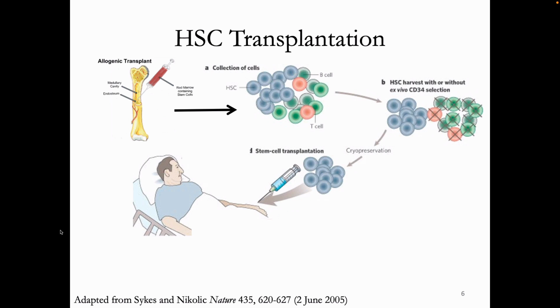So here you can see taking some bone marrow, we've got this mixture of cells, and we can get rid of the other cells to just end up with hematopoietic stem cells. And then we can just transfer those stem cells, which removes this risk of graft versus host disease.